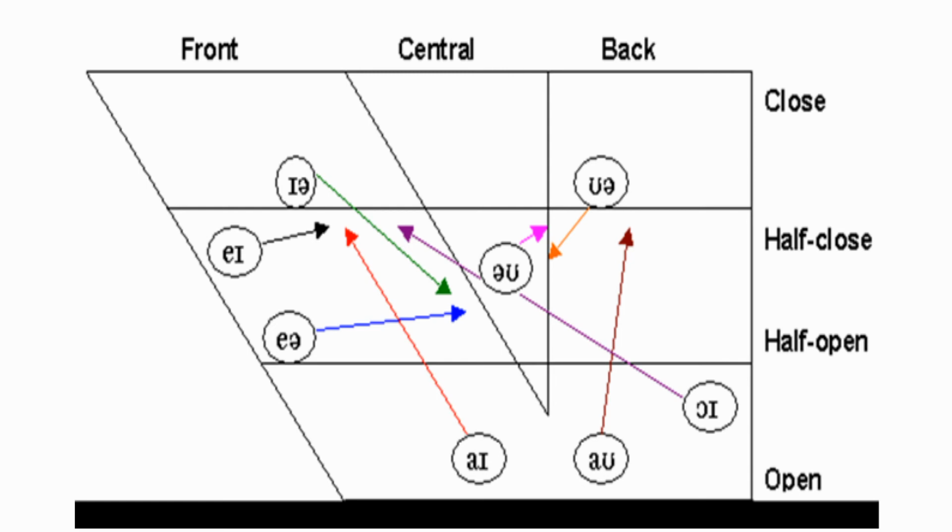Now first let's discuss each one in detail. First one, take this green arrow, ER. The glide is from front vowel to central vowel. Please describe ER.